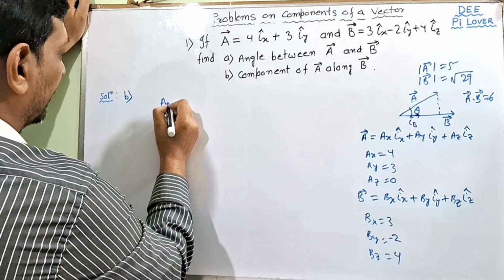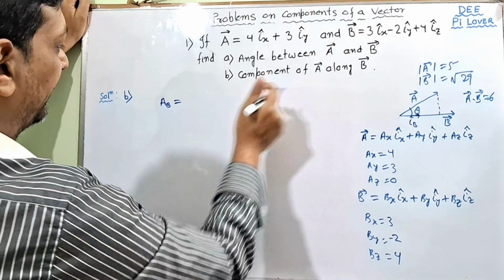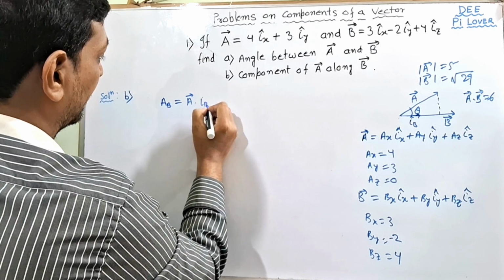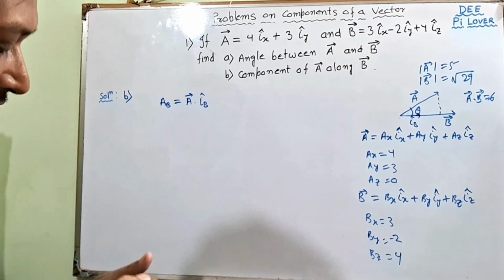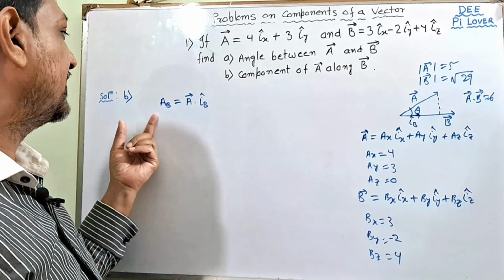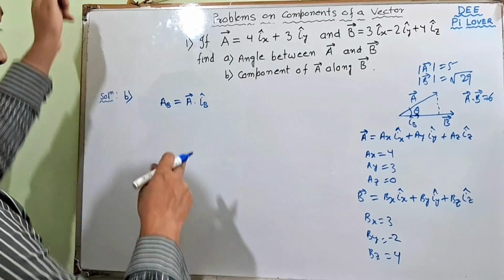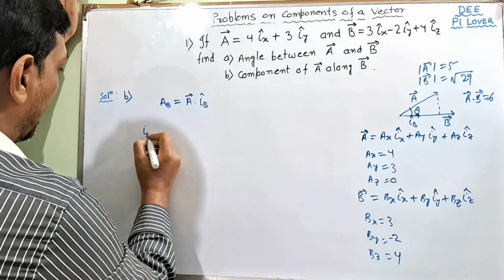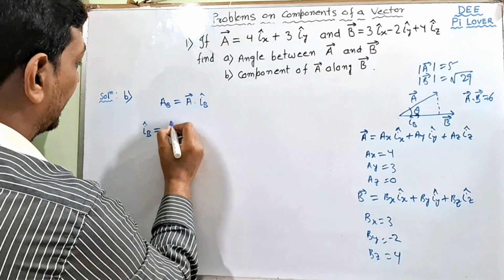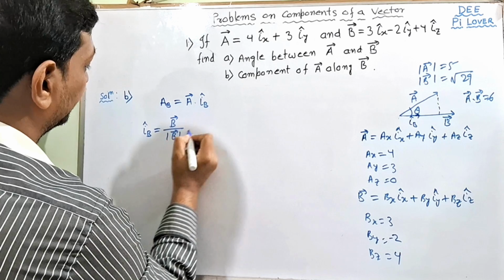Then AB, which is a scalar component of this A vector, equal to A vector dot IB unit vector. The dot product of two vectors gives a scalar quantity. This is the scalar component of this A vector along B vector. Now we have to calculate this IB unit vector. How can we calculate it? IB unit vector equal to B vector by mod B vector.